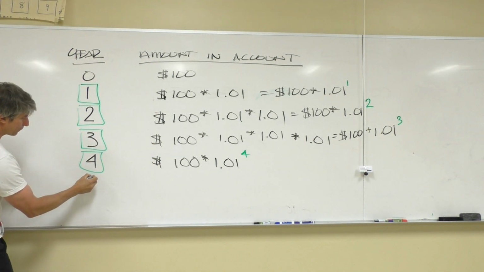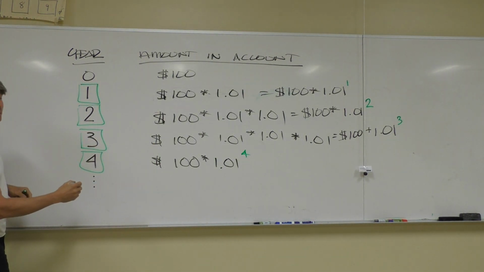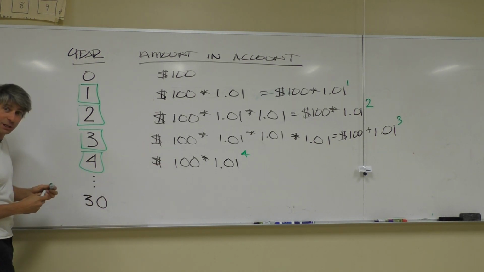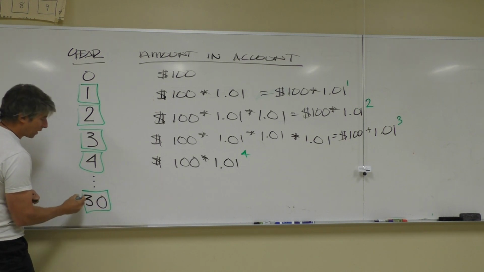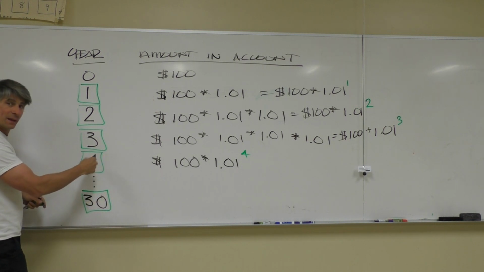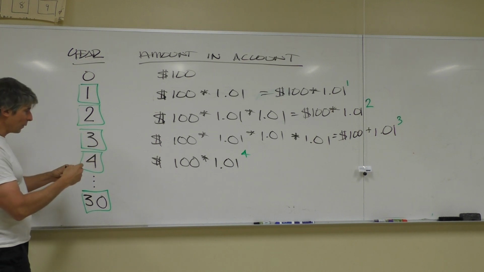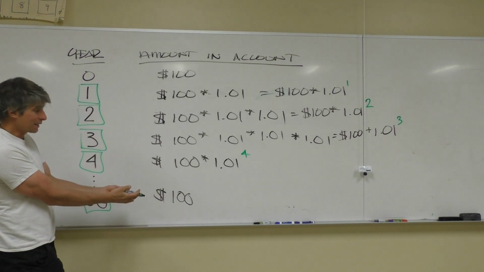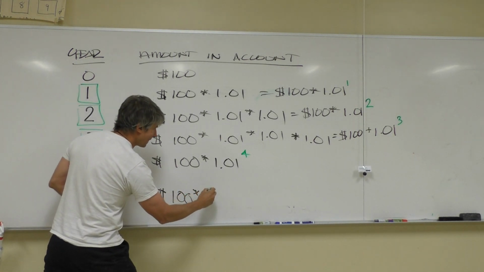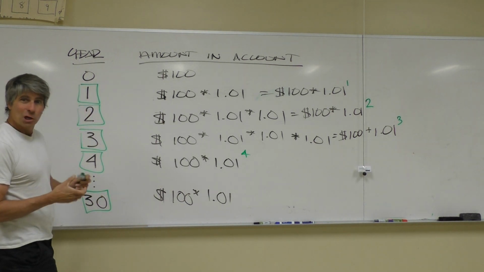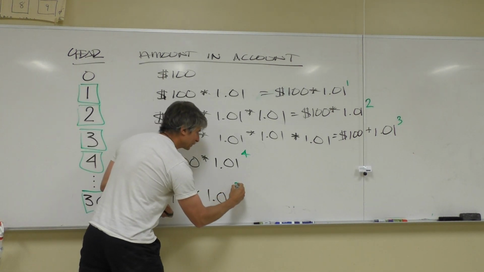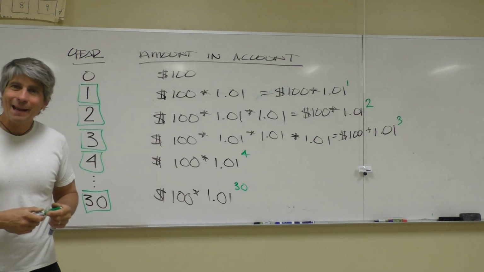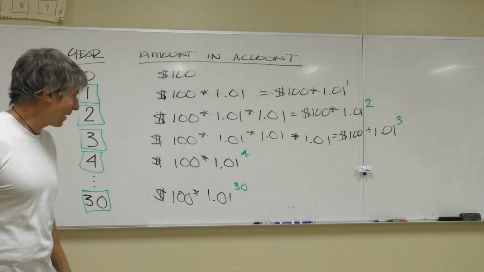If we wanted to know how much money we were going to have in our account after 30 years, we wouldn't have to figure out what 29 and 28 and 27 and 26 were. All we'd have to do is take your starting amount, which in this case is $100, and multiply it by that rate to that many years, because each of those years multiplies it by an additional 1.01.